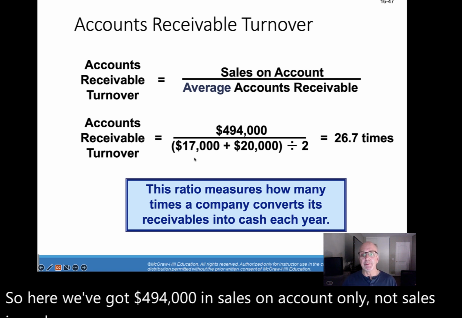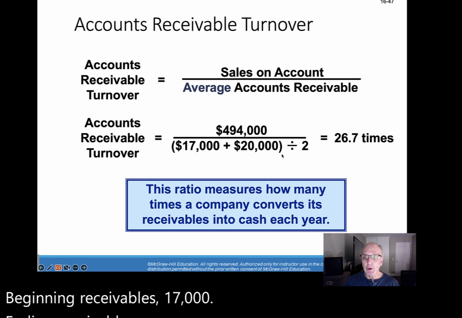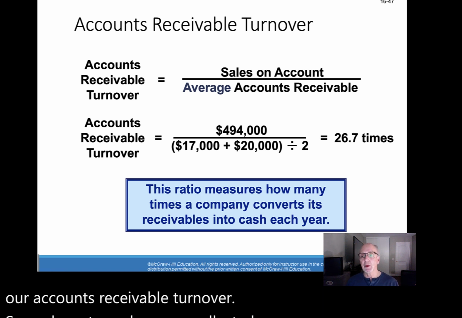And then we have beginning receivables, 17,000, ending receivables, 20, divided by 2. And that gives us 26.7 times. That's our accounts receivable turnover. So we have turned over or collected receivables 26.7 times for the year.